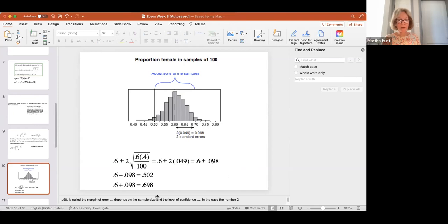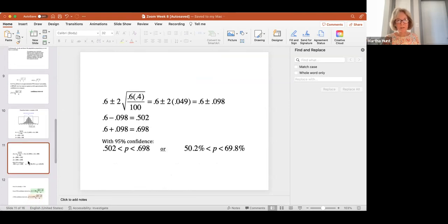So if we take that margin of error and subtract it on one end and add it on the other end, do a little add and subtract, what we get are some boundary values, 50% and 70%. Okay, let's put that together. When you do the give or take the margin of error, you come up with your first 95% confidence interval.